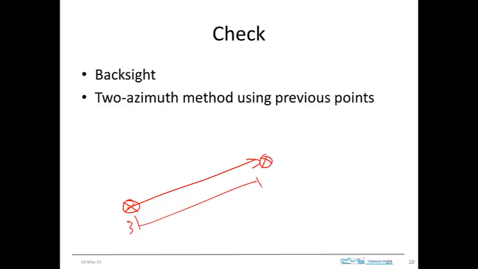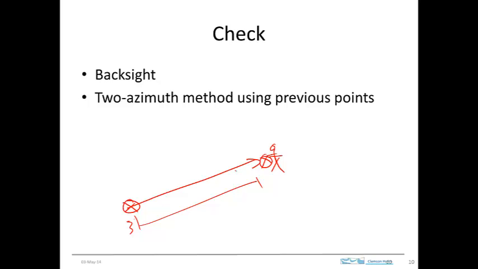We plot a point here. Then when we go over here and we're at this point, then we can simply take the compass and measure back to the starting base point. That gives us a different angle, and it should be at 180 degrees from the angle that we measured originally. So that's just a simple check on the azimuth.